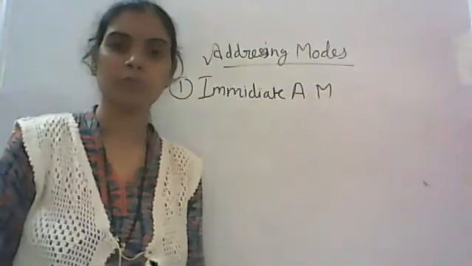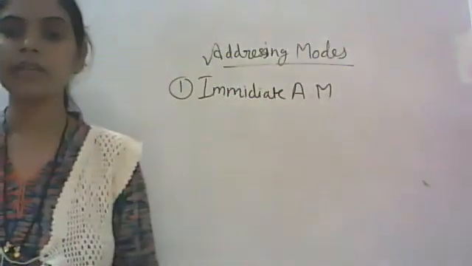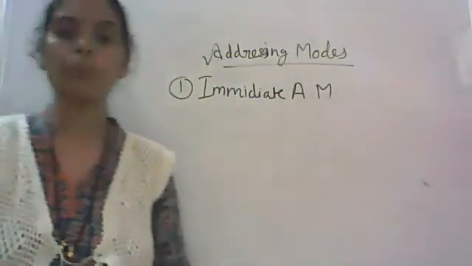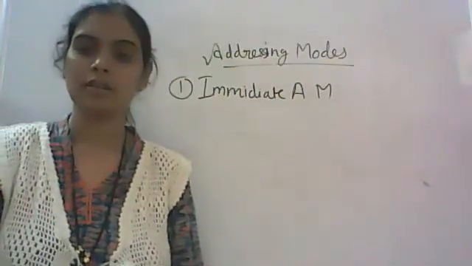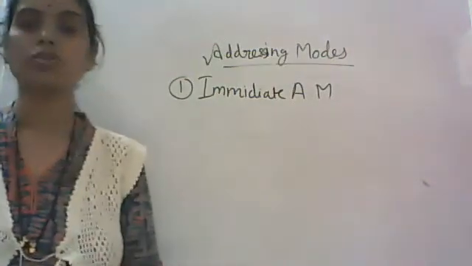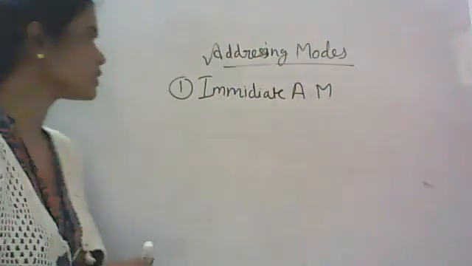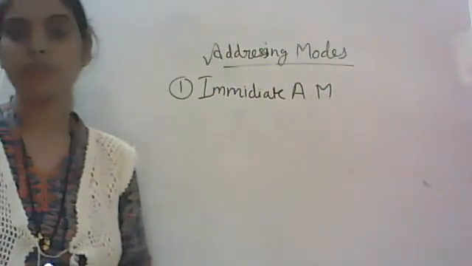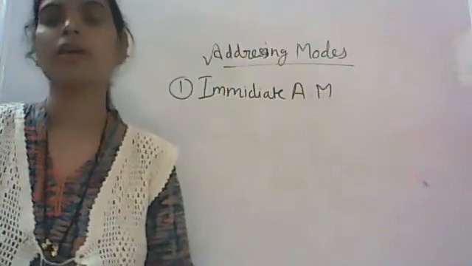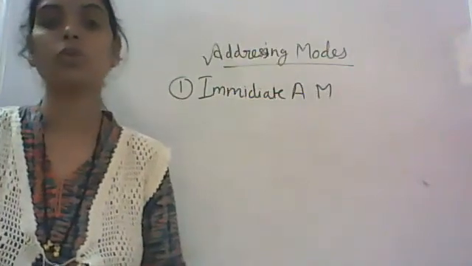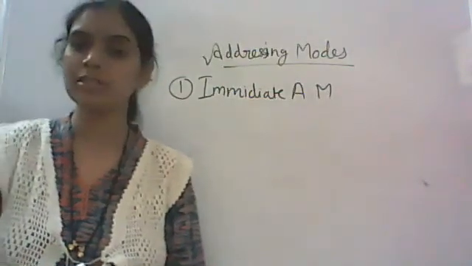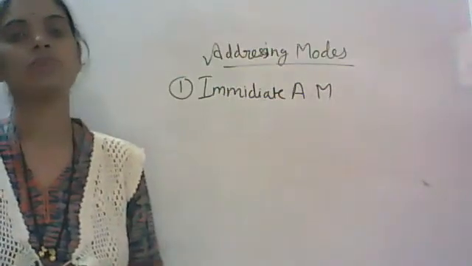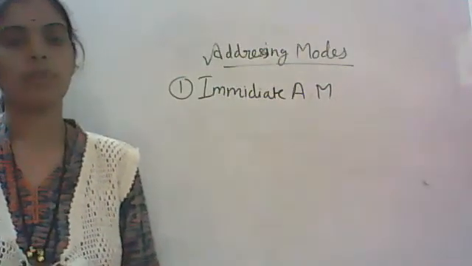In immediate addressing mode, the source operand is always data. If the data is 8-bit, then the instruction will be 2-byte. If the data is 16-bit, then the instruction will be 3-byte.